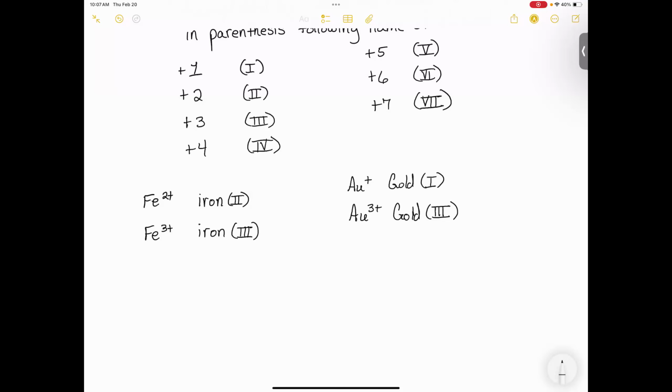Okay, now let's talk about your monoatomic anions. And again, even though it's on the other sheet, we're talking about nonmetals and metalloids only.